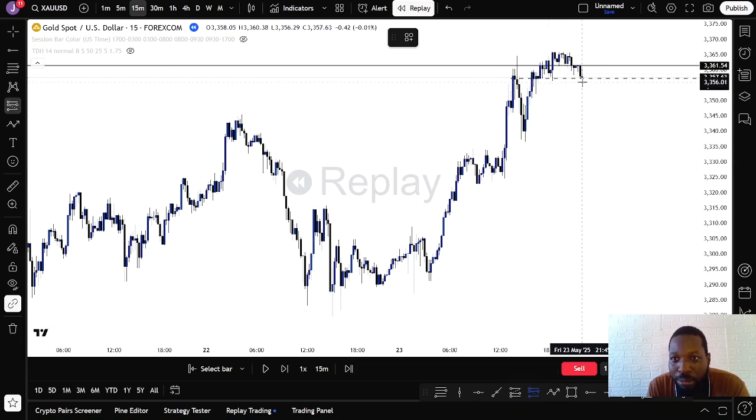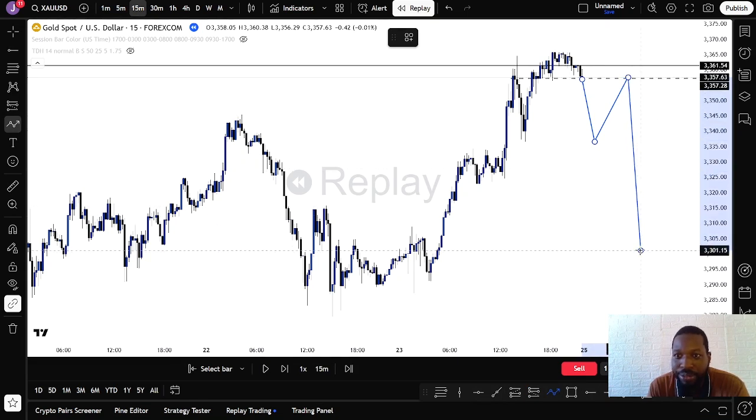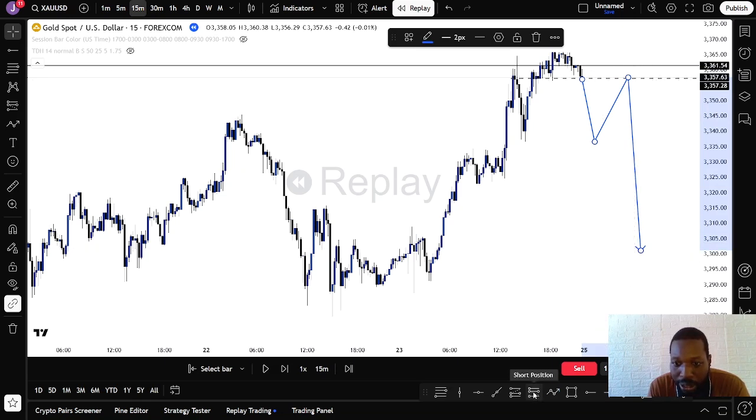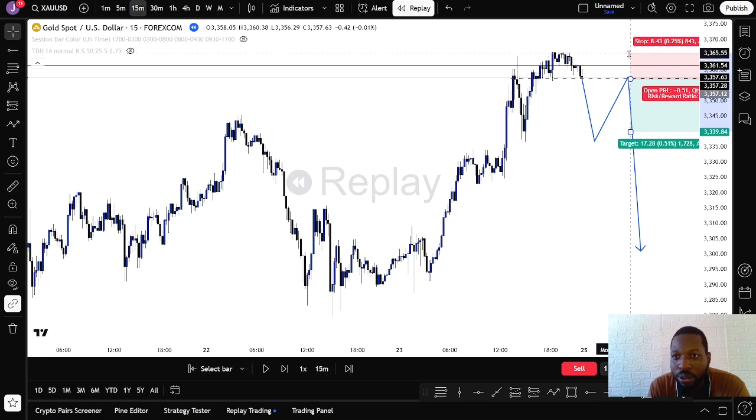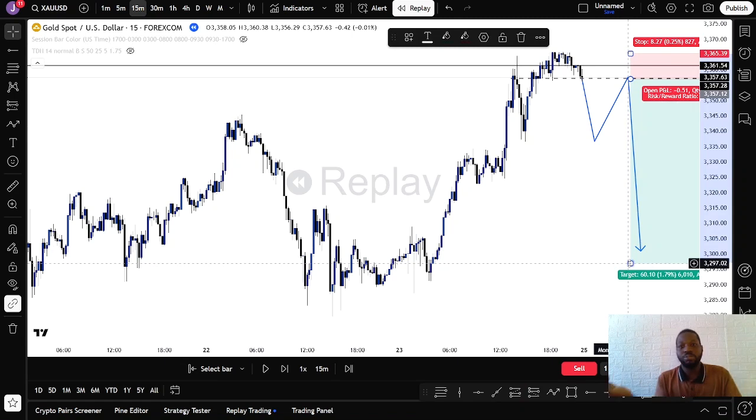So when price breaks this place, they come here, retest this zone, they now push down here. So at this place, this is where you will come to place your sales entry from here. Then you draw it down, then you bring it here. So either way you can choose, but right now I choose to go in as an aggressive trader.